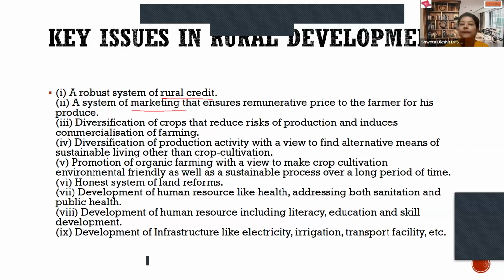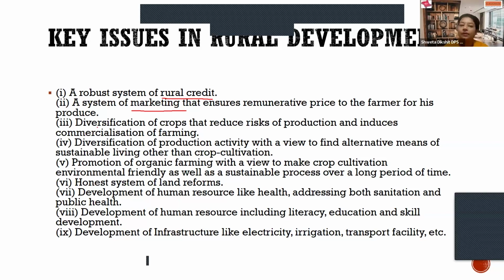So when you talk about agriculture, one of the major challenges relating to the Indian agricultural system is agricultural marketing, because the Indian farmer does not have sufficient knowledge about agricultural marketing, which sometimes does not help in getting remunerative prices to the farmers for their produce.